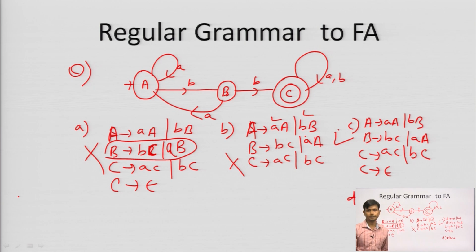So, in your GATE exam or any other exam, you will find this type of question: some regular grammar is given, some finite automata is given, and you have to find the grammar, like that four options will be given to you, and you choose which options are correct.